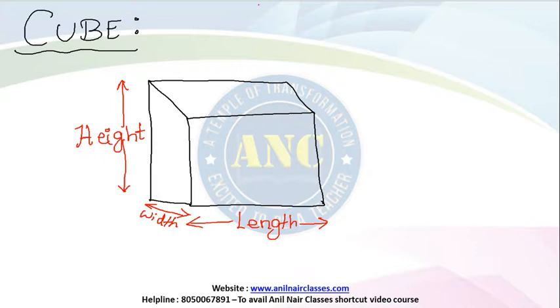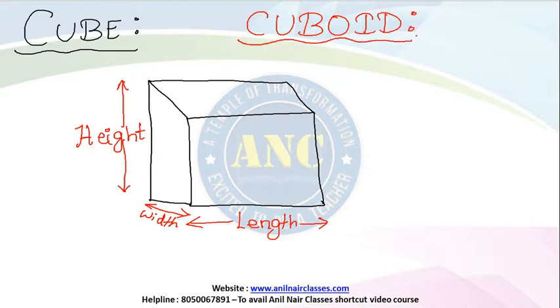Now see here, what I told you is, we will first see the meaning of cuboid before moving on to cube. A cuboid is a rectangular box. It is a box basically. It's a very simple explanation that I am giving you right now.